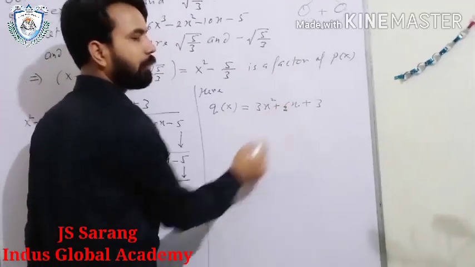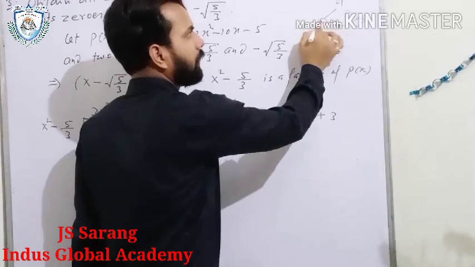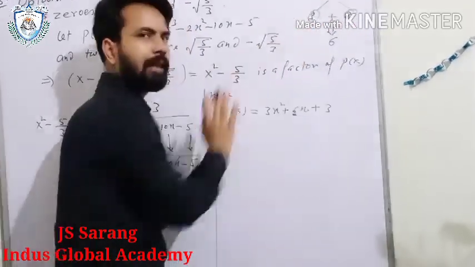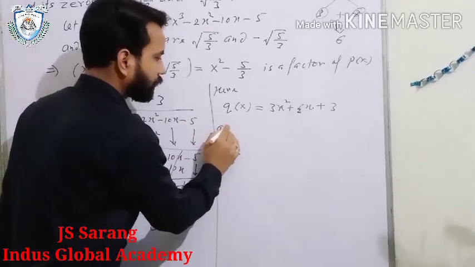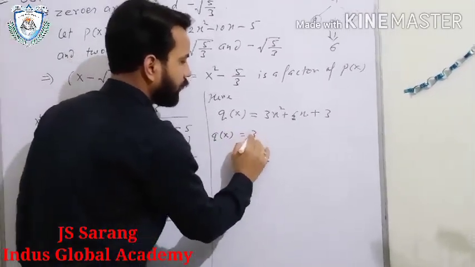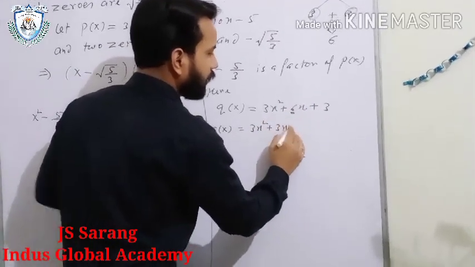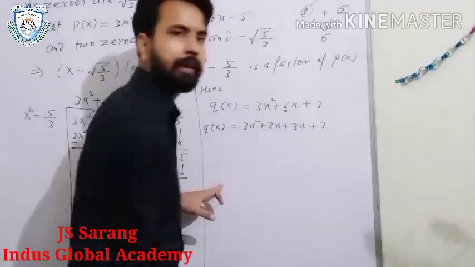What is the coefficient of the middle term? 6. So the factors of 9 will be 3 and 3. 3 into 3 gives you 9, and 3 plus 3 you will get 6. Understood? So q of x equal to 3x square plus 6x can be written as 3x square plus 3x plus 3x plus 3.